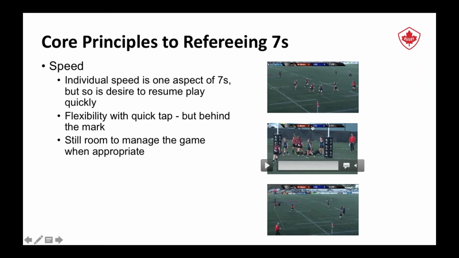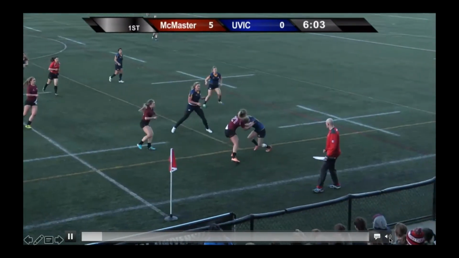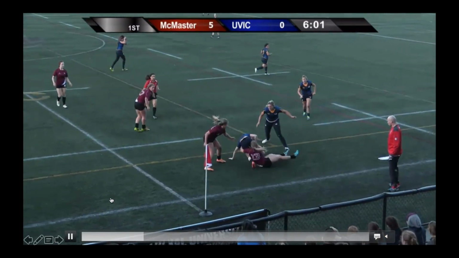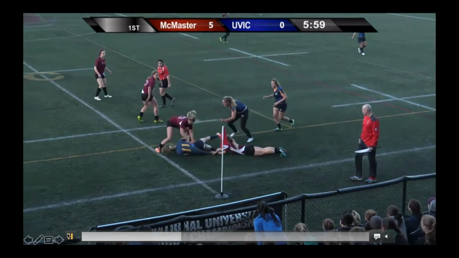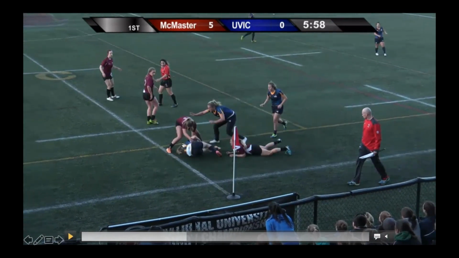Right, so again, same thing by the referee. It's just another example of how what can seem like a very nuanced technical decision is actually what we need in sevens to ensure, especially early in the game, that later in the game we have some good flow. So we'll see the tackle assist here for red on the wrong side of the tackle, right?